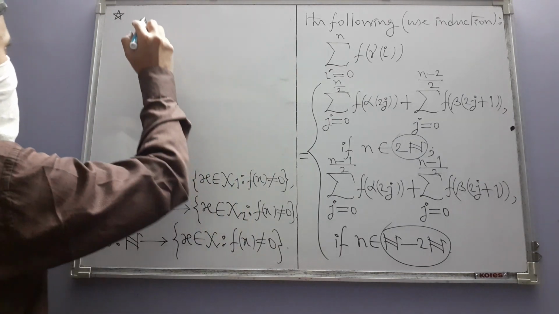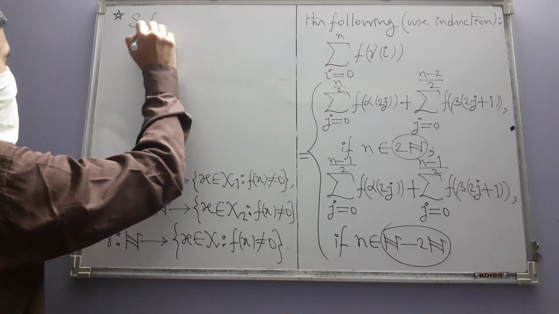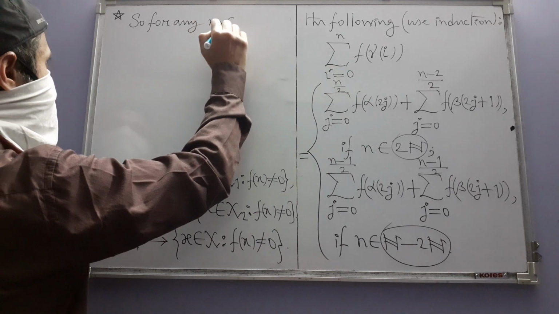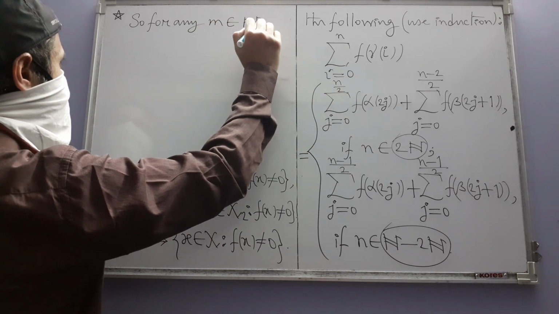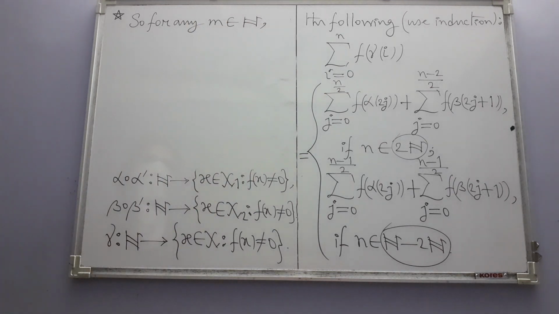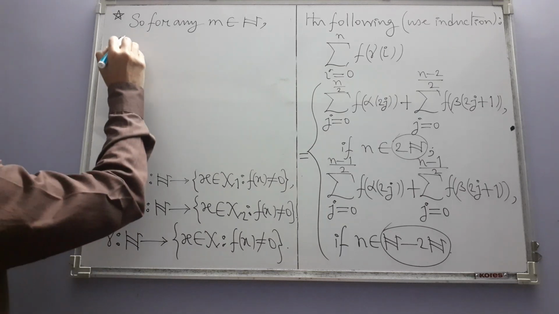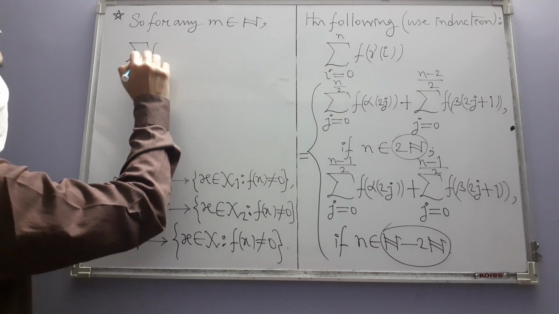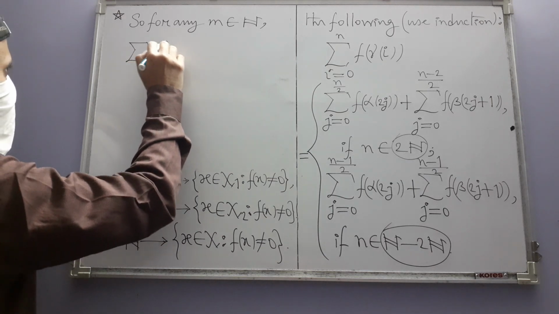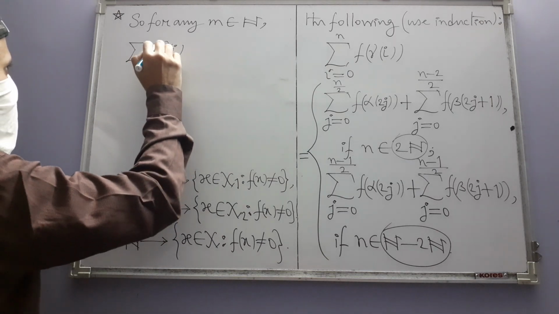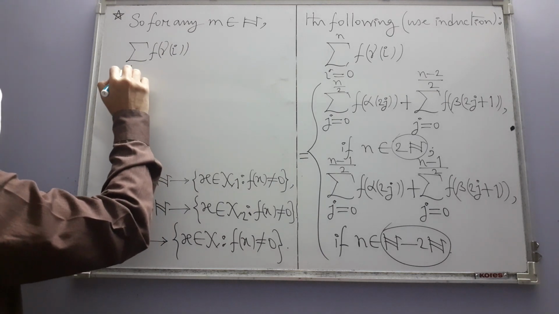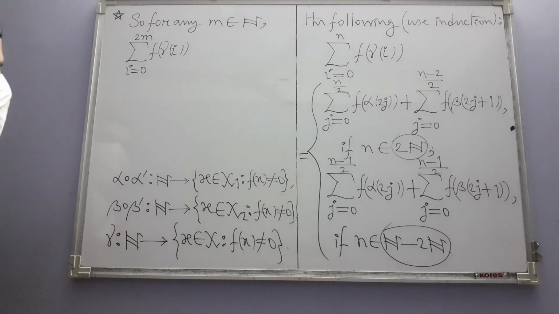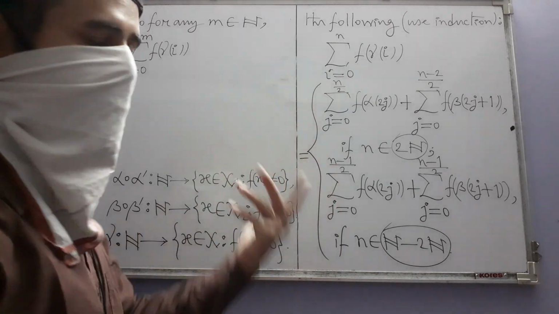So for any natural number m, we have this summation f of gamma of i, where i varies from 0 to 2m, and we use this formula.